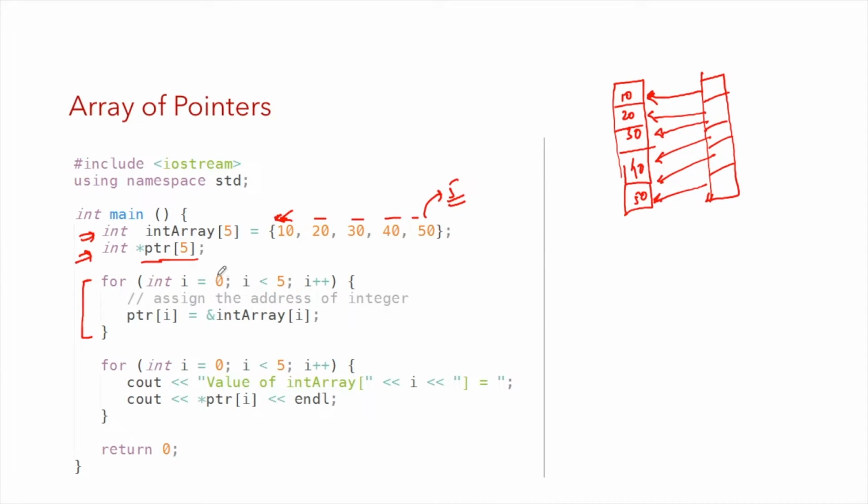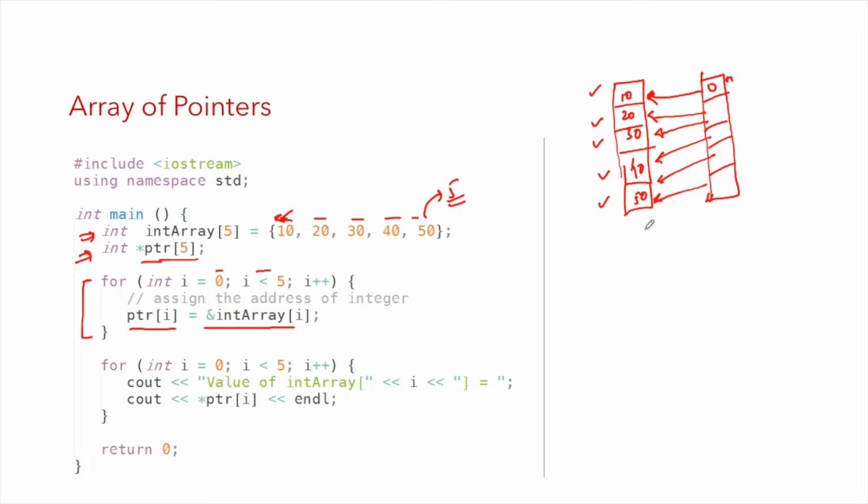My for loop is going to iterate from 0 to 4, and then one by one each pointer variable will start pointing to my integer which is part of your array. So in the first iteration, my 0th location pointer variable will start pointing here, and similarly the other pointer variables will start pointing to the other variables.